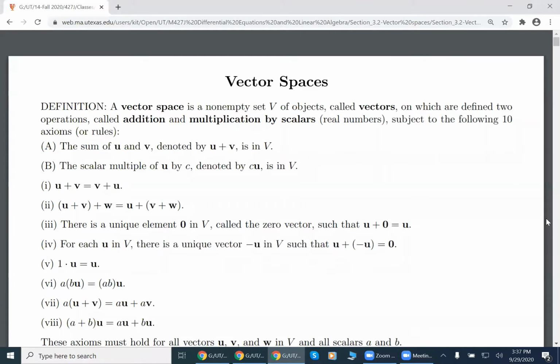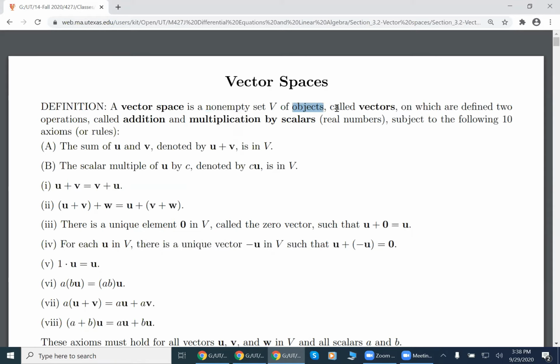We continue our discussion of section 3.2, vector spaces. Last time we discussed the definition of a vector space. In short, a vector space is a non-empty set of objects.